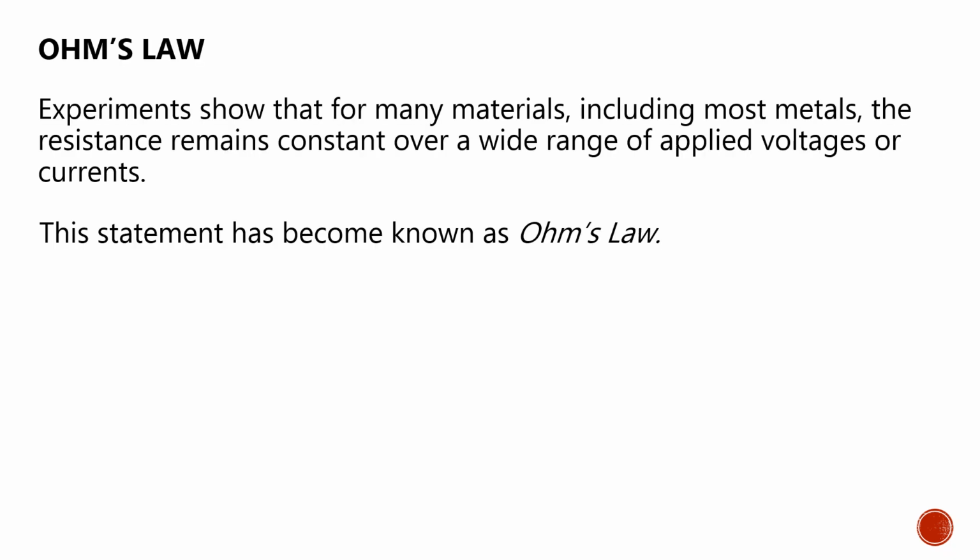For many materials, particularly metals, resistance stays constant over a wide range of voltages and currents. This is known as Ohm's law. Mathematically, this is the equation, with R being the quantity that is constant over a wide range of voltages and currents.